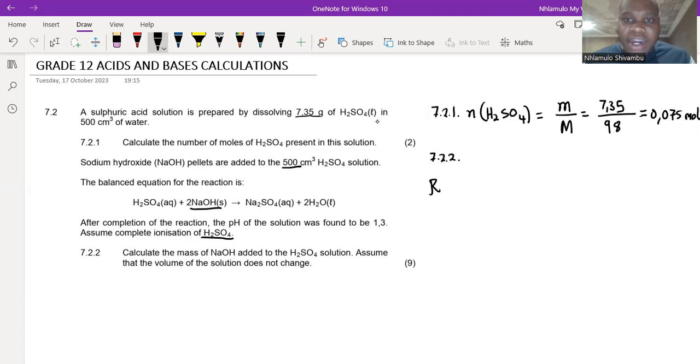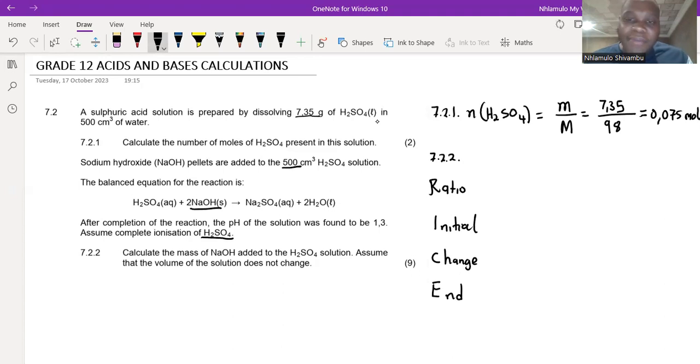We're going to have R, I, C, E. That is RICE. R is for ratio, I is for initial, C is for change, and E is for end.